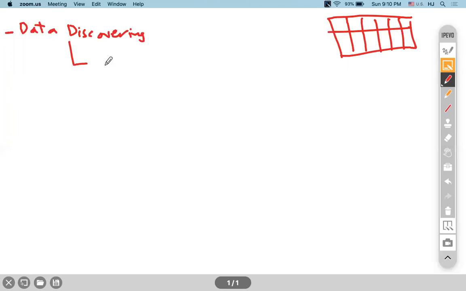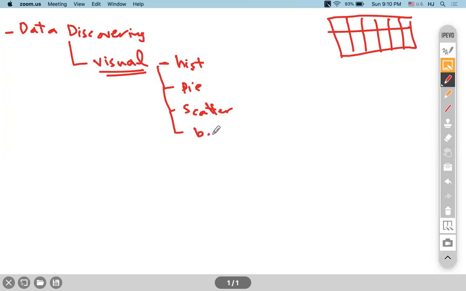We can have visual inspection of the data, and we can plot the histogram, use a pie plot, a scatter plot or a line plot, and a box plot. For each one of those, we can see the data from different perspectives.